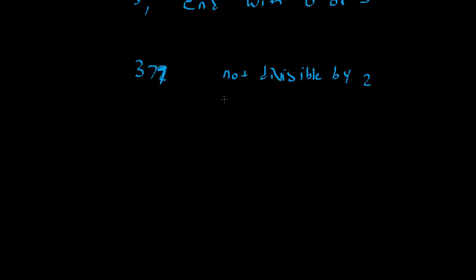Does not end with a 0 or 5, so not divisible by 5. And if we take 7 plus 7 plus 3, that's 17. 17 is not divisible by 3, so not divisible by 3.